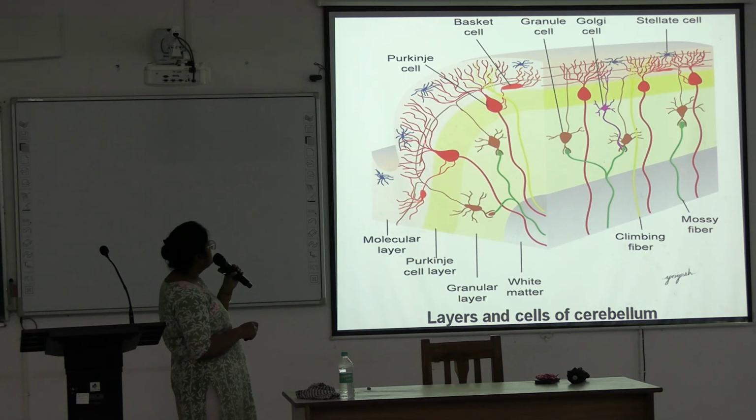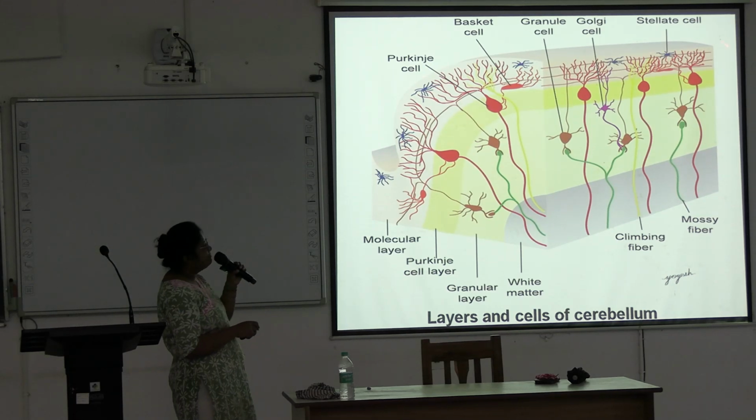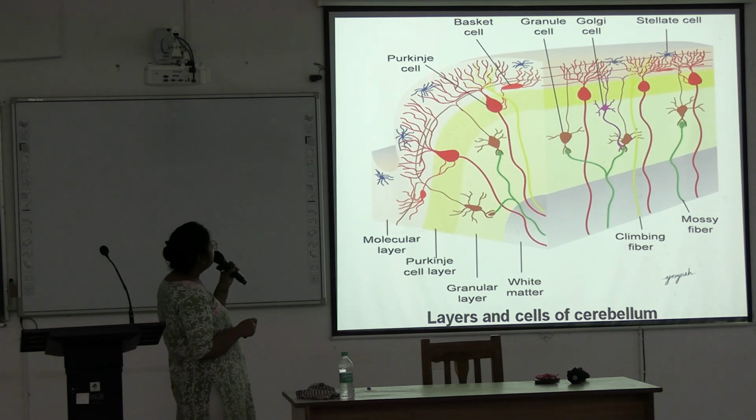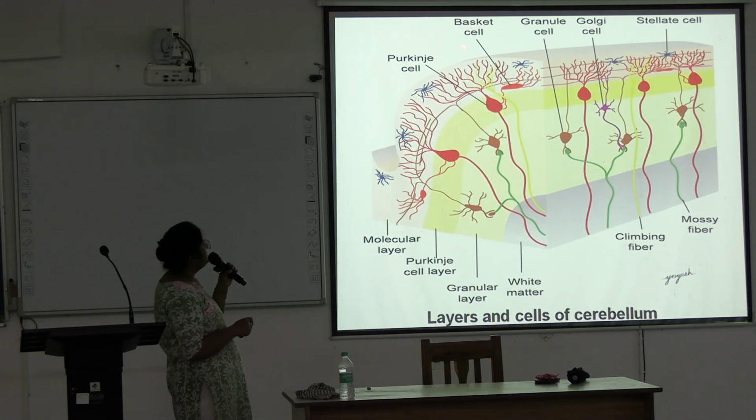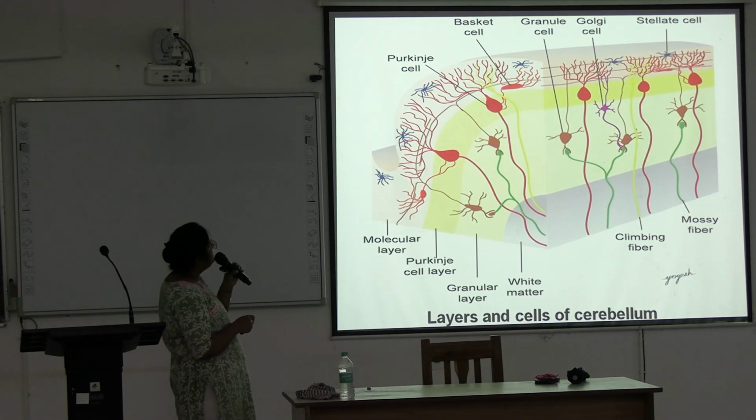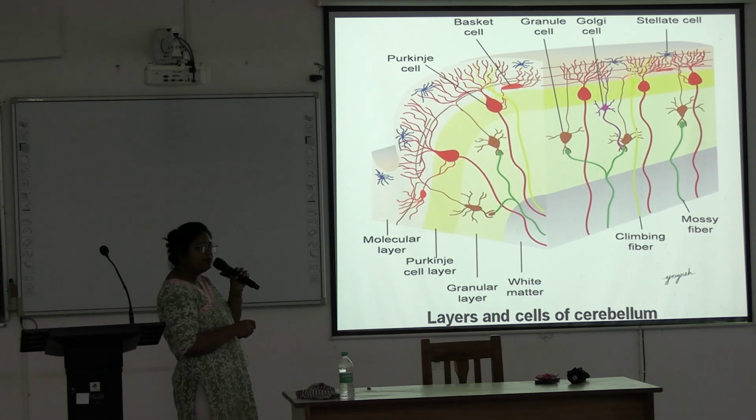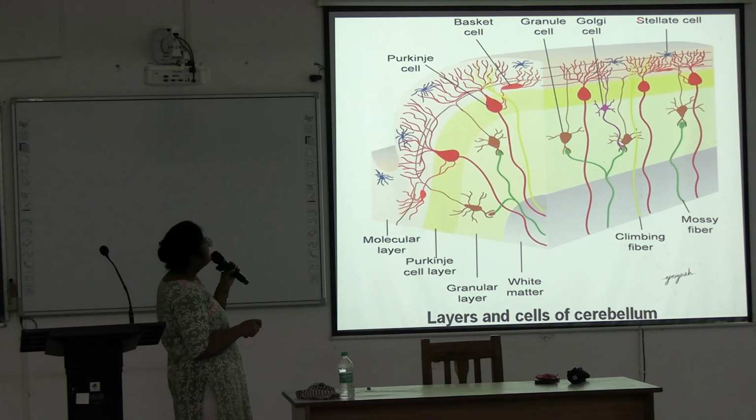From the Purkinje cells, the branching of the dendrites forms a tree-like structure in the molecular layer, anastomosing with other cells. In the superficial part lie the stellate cells, and here are the basket cells. These are the two cells of the molecular layer, and the fibers are the climbing fibers.